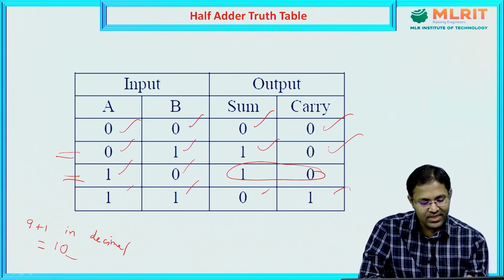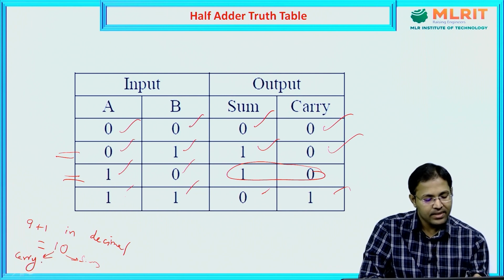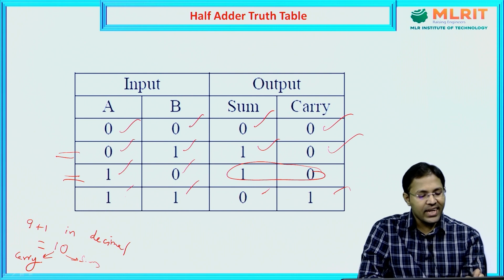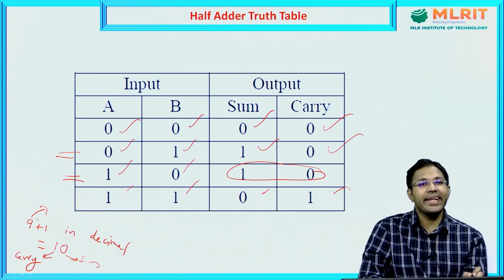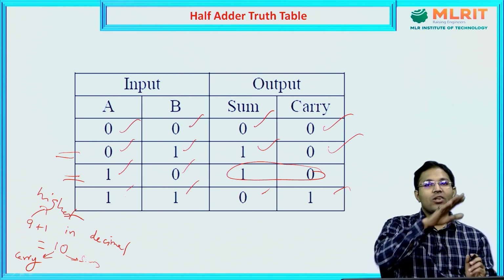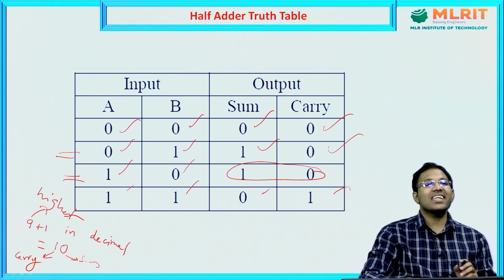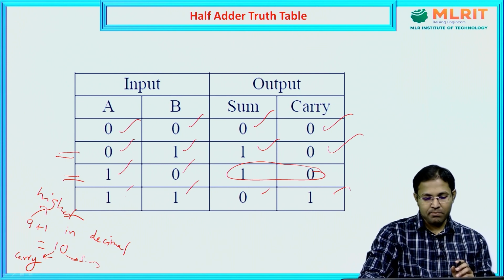So 0 is the sum, and 1 is the carry. Now 9 is the highest value in decimal. Decimal, you know the values are from 0 to 9, right? So 9 is the highest value in decimal number system.